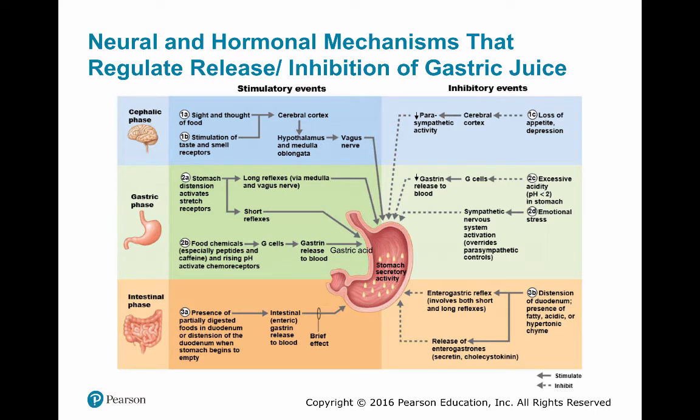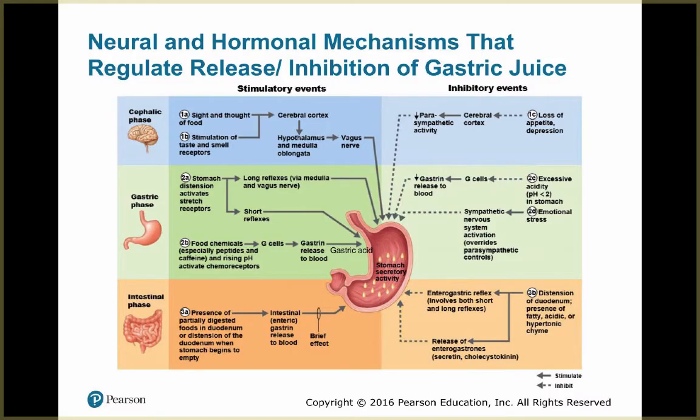So let's look at the neurohormonal mechanisms that regulate, stimulate, or inhibit gastric juices. This is just a review of what we just talked about. The cephalic phase: when you're looking at the sight and thought of food, it goes to the cerebral cortex, through the hypothalamus and the medulla oblongata, through the vagus nerve, into the tummy, and this is going to start gastric juice production.